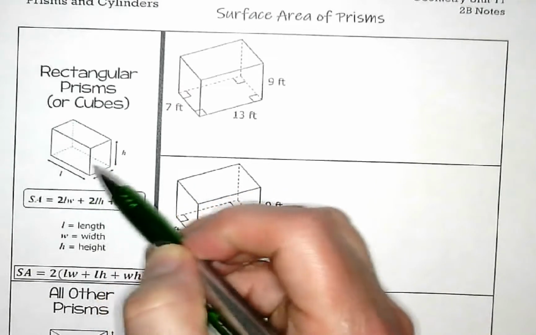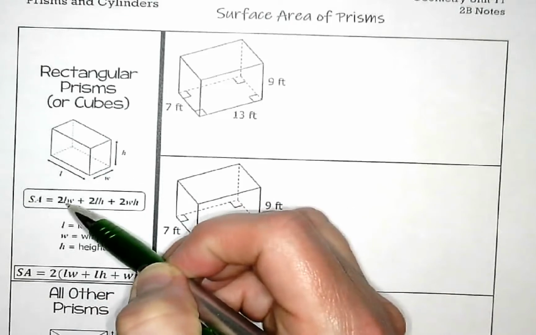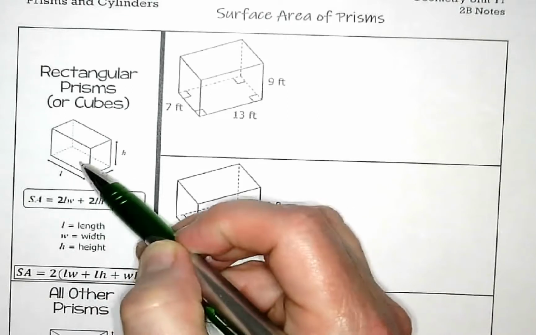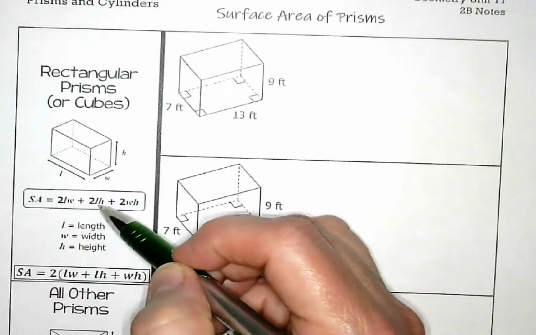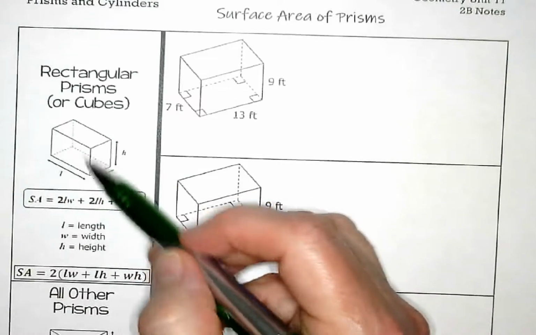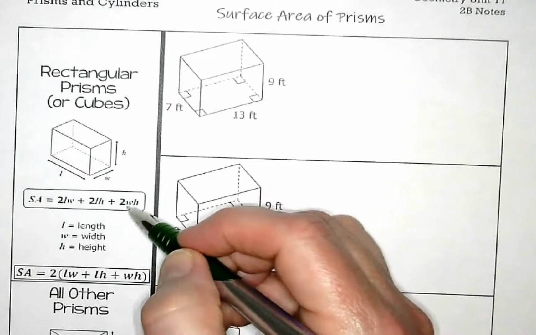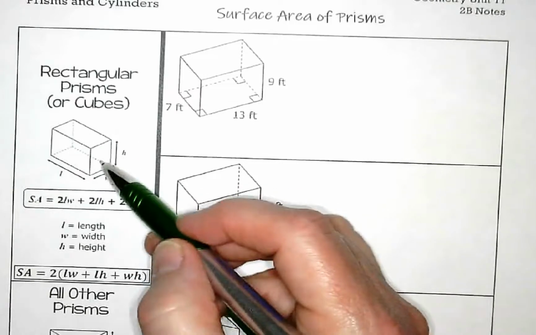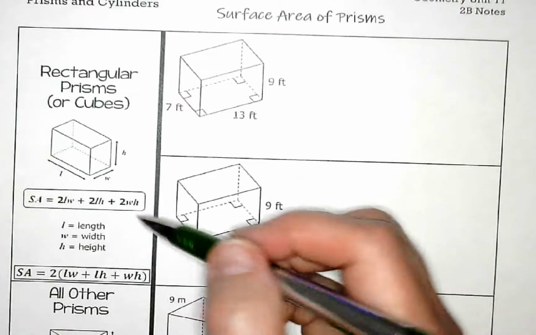The area of a rectangle is length times width, so that would be the area of the bottom, but I have two of them, one on the bottom and one on the top. The same thing happens here: the length and the height, that's going to be this front side and the back side, that's where I get the 2 from, and then the width and the height is going to be this end, and the opposite end is going to be exactly the same.